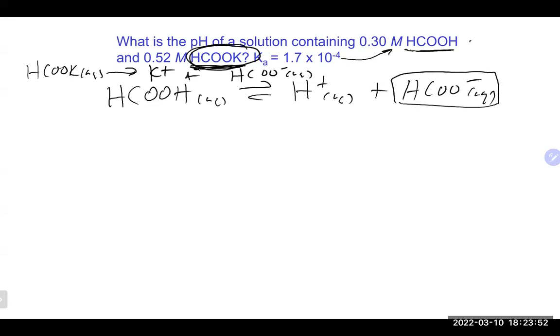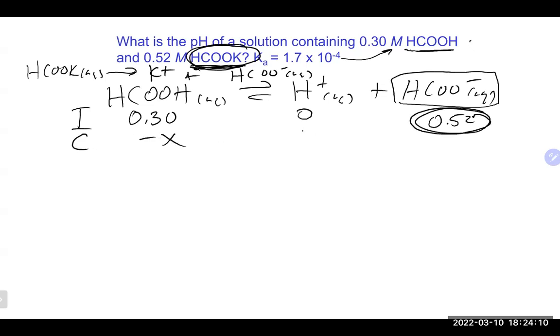You have two options at this point. You could use an ice table, and it's perfectly fine if you want to do that like we did on the other one. It would look something like this. This would be 0.3, this would be 0, and the important part is that 0.52 needs to be there. The change would be minus X, plus X, and plus X, since this is a common ion.